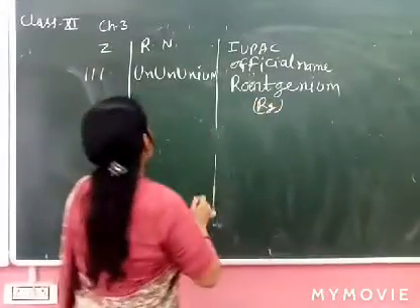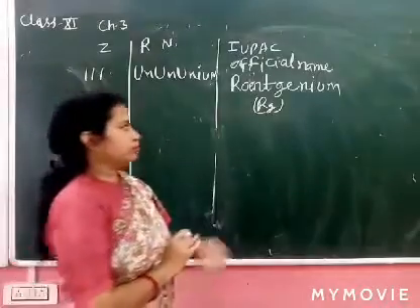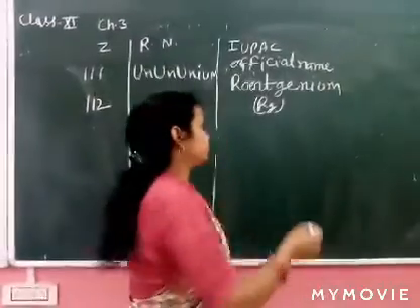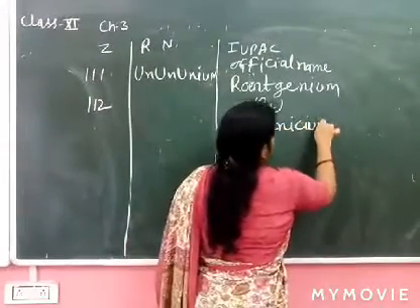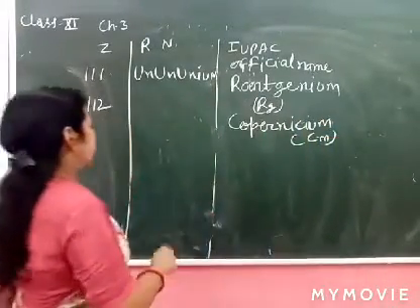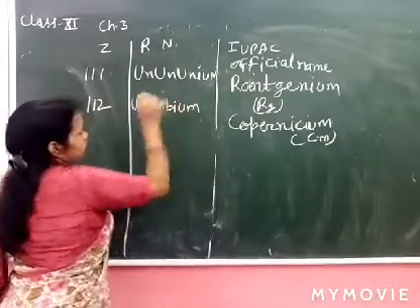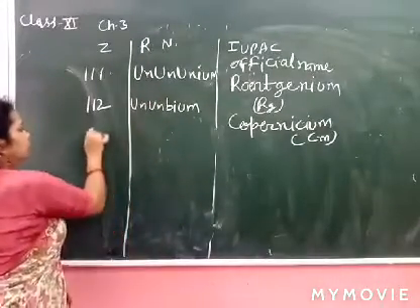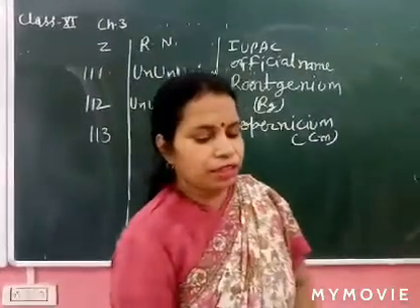Clear? Next is 112, Ununbium. What is its name? Copernicium, symbol Cn. I think you can now write all the names. 113, Ununtrium.